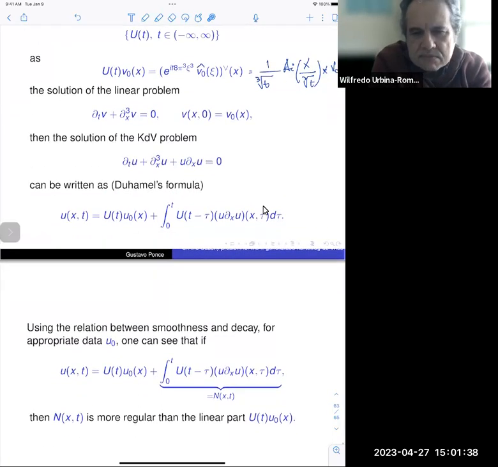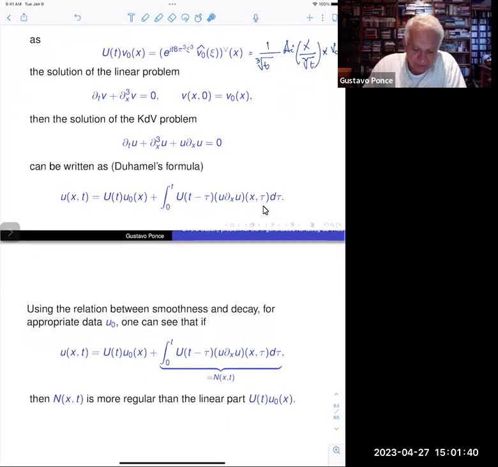You can prove that if you put a lot of decay, this nonlinear part has more regularity than the linear part. In fact, you can make a general statement, but let's not move in that direction. Then you can prove that this nonlinear part, and the solution of the linear part, you can control.